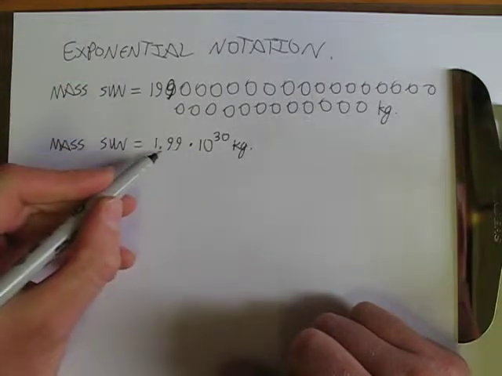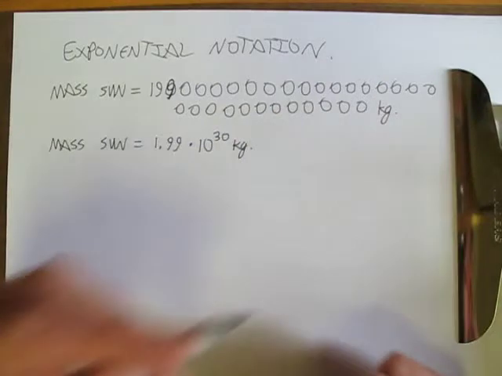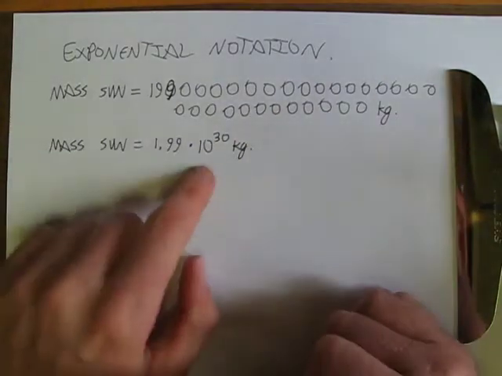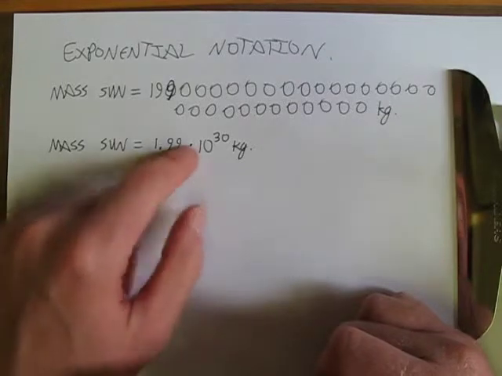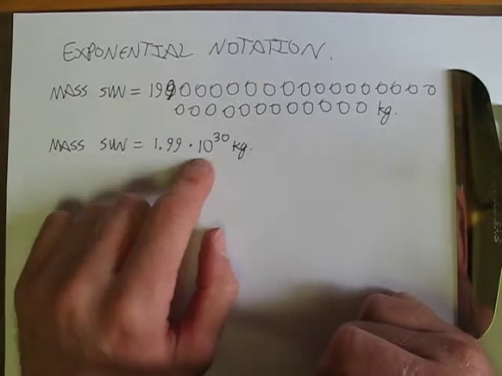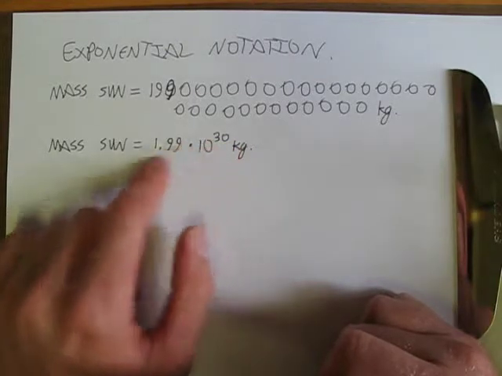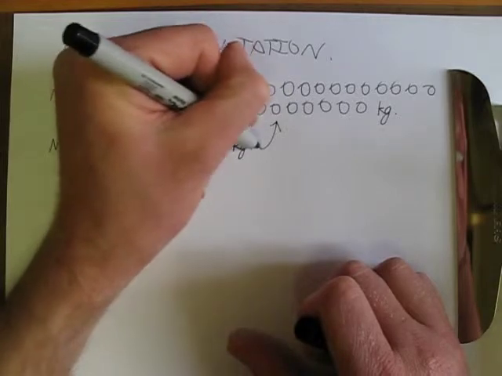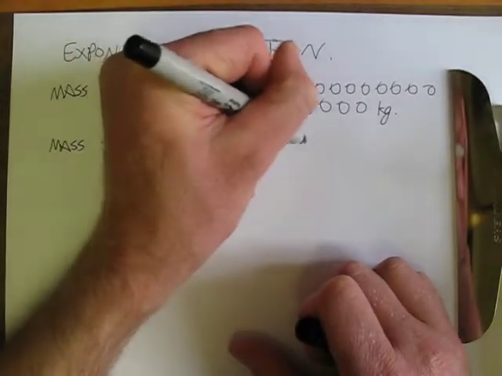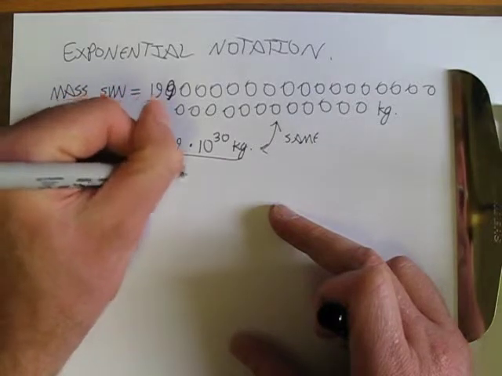So I'm going to take 1.99 and multiply it by a 1 with 30 zeros after it, and that's going to give me the same thing. So these are going to be the same. This is easier to write.